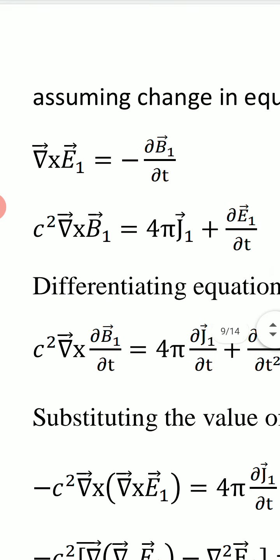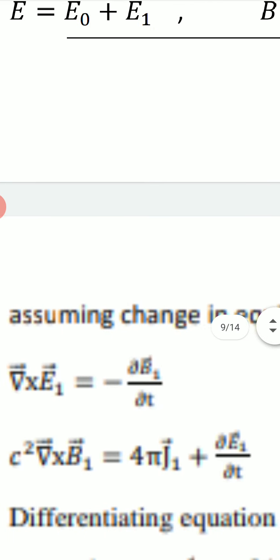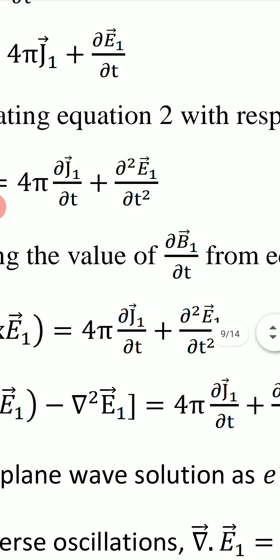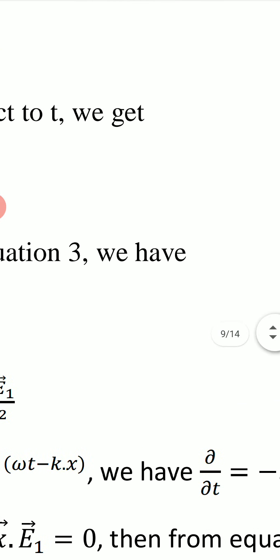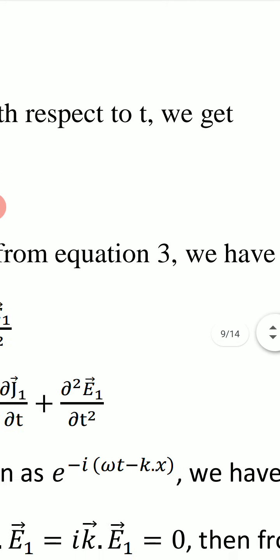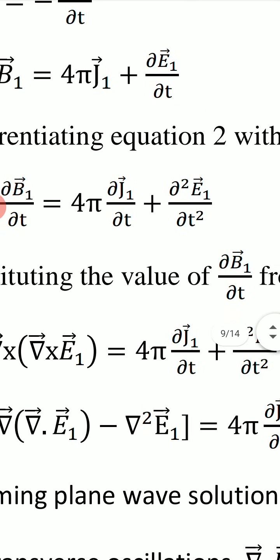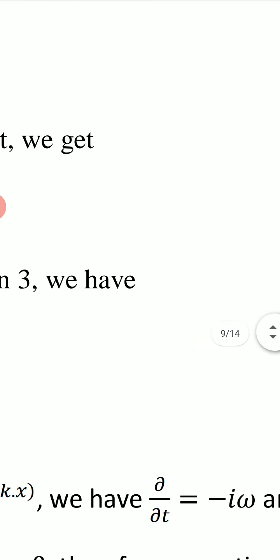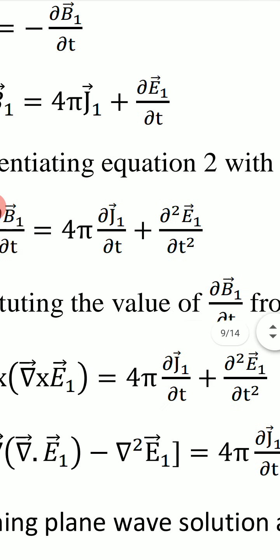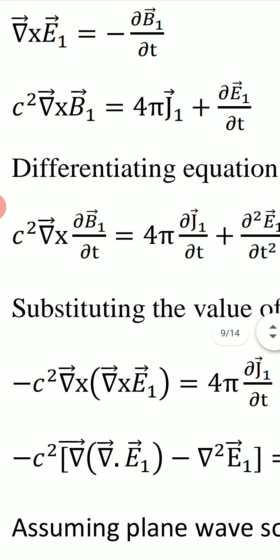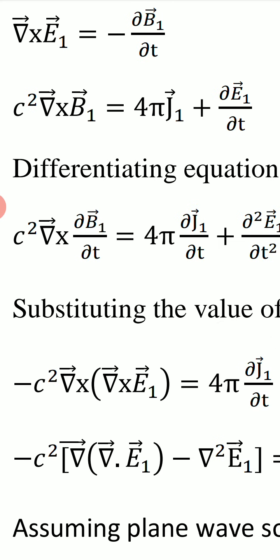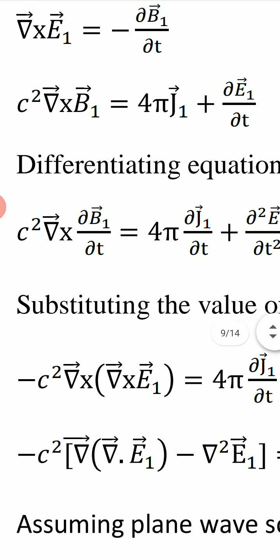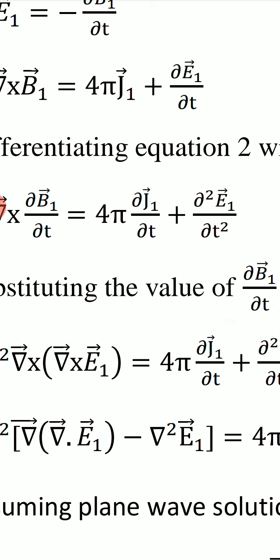Differentiating equation 4 with respect to T, we get c square del cross delta B1 upon delta T equal to 4 pi delta upon delta T J1 plus d2 E1 upon dt square.